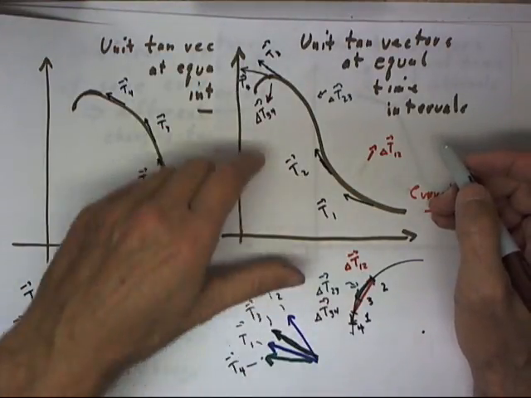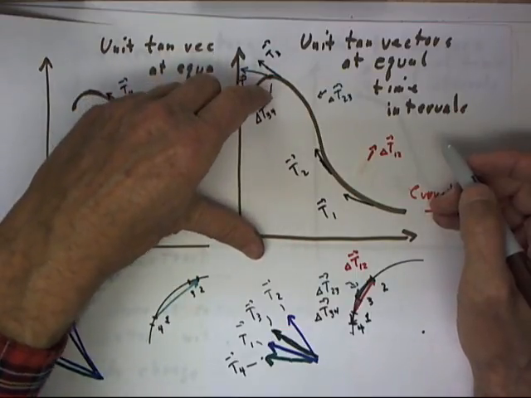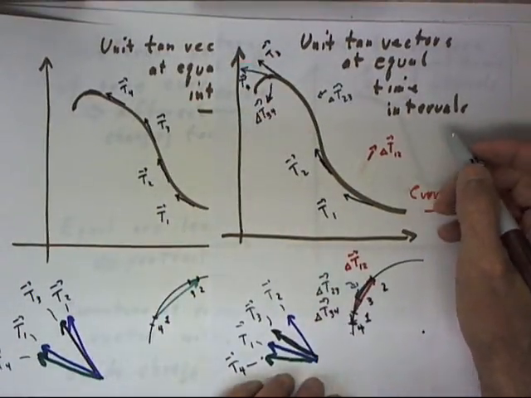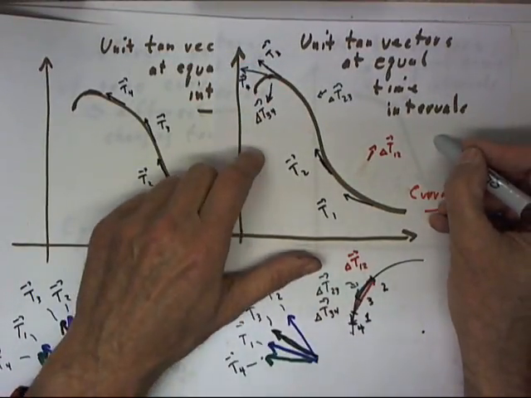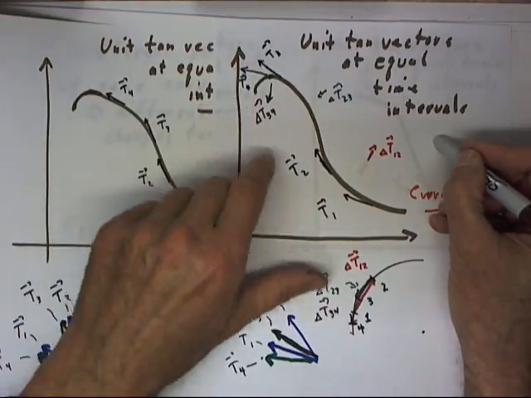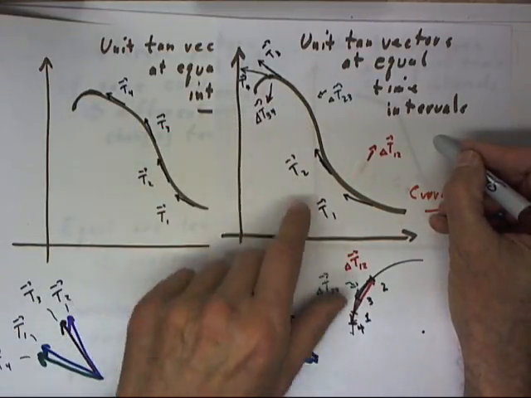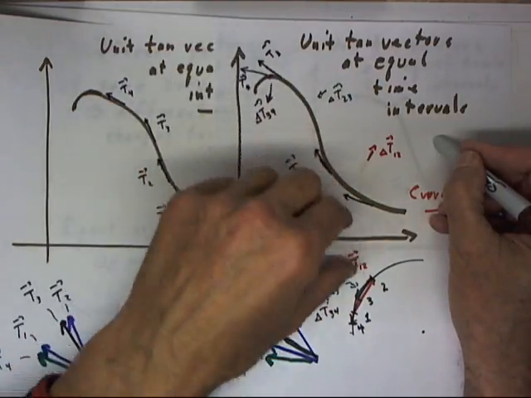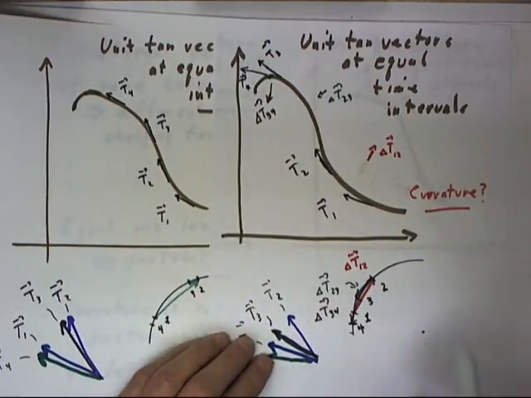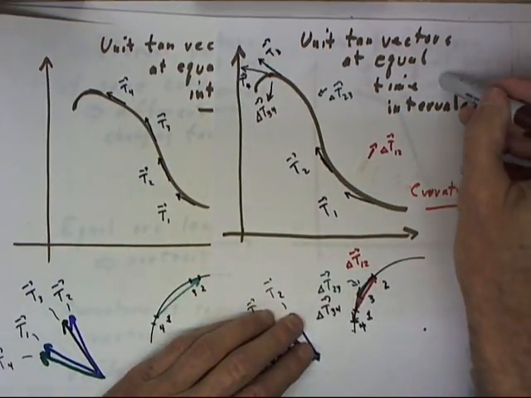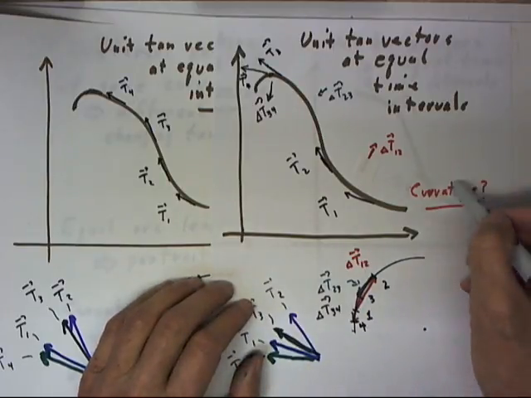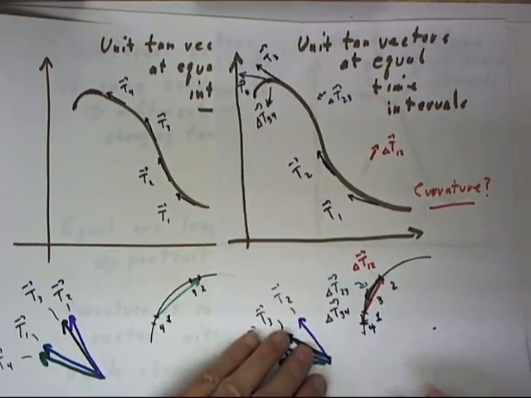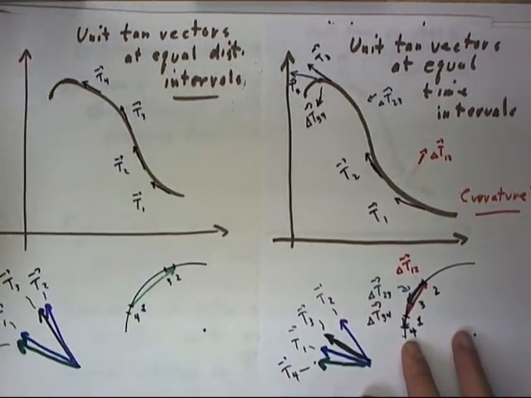Another way to look at it is we were moving a lot slower here and we still got a pretty good change in our delta T. So looking at unit tangent vectors at equal time intervals doesn't really show us how curvy our path is. It just shows us how much we changed at whatever speed we happen to be moving on that interval. So this picture is in some way related to how curvy the path is, but it doesn't really give us something that we would want to call the curvature.